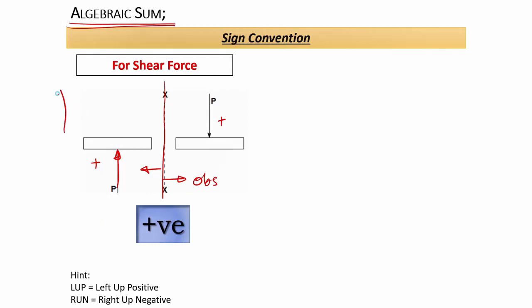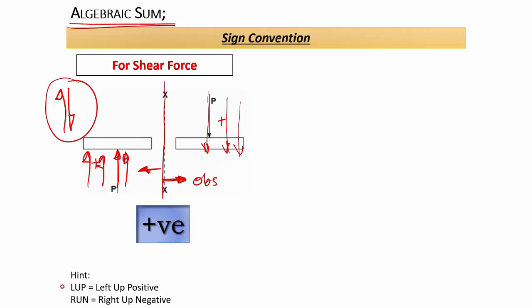This effect is called a positive. That's why where you are observing matters. If you are observing this side, then all downward forces are positive. Once again, if your observation is towards left side, then all upward forces are positive.